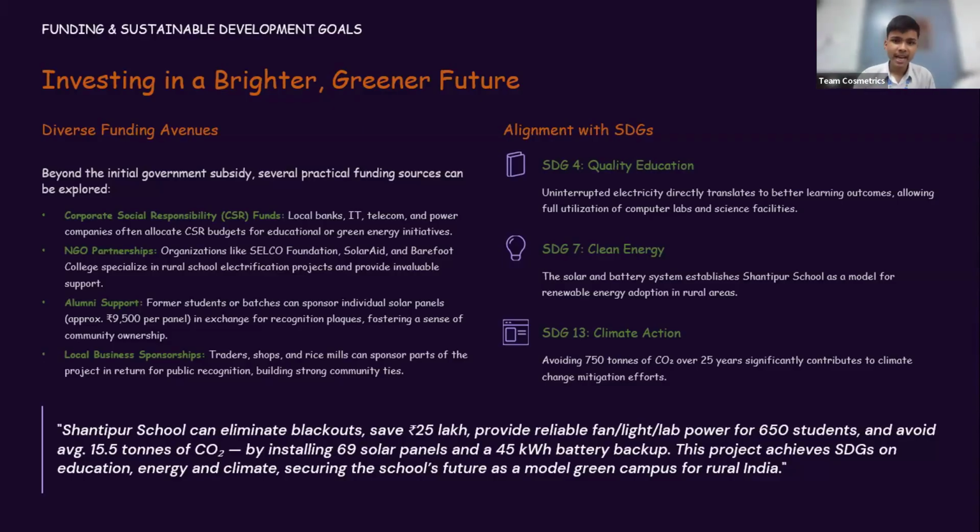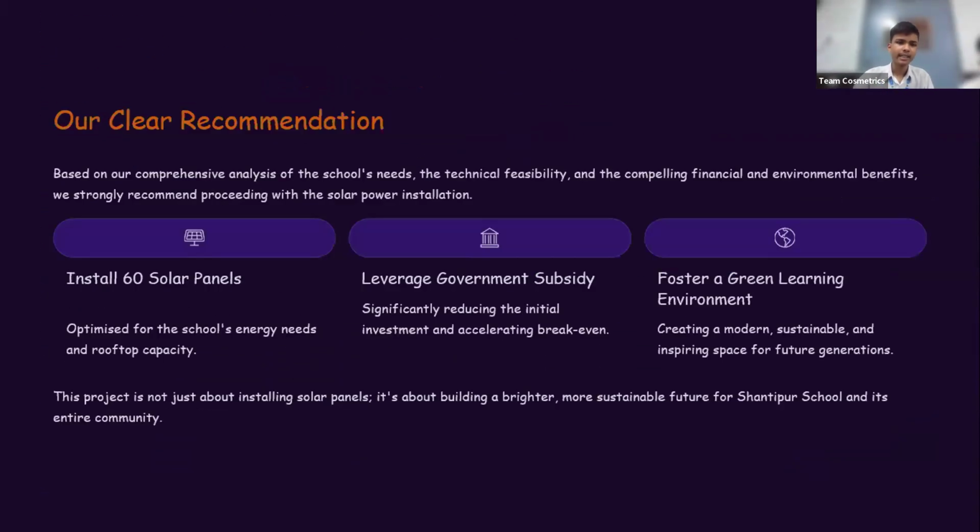So, hello everyone. As you would know, I recommend these three things. Installing 60 solar panels is our need, and what is a want is installing 70 solar panels so that we can cover the external needs that a school has after some development. Leveraging government subsidy: as you can see, we can take loans from the government, but even though they are minimal, we also need some more loans.